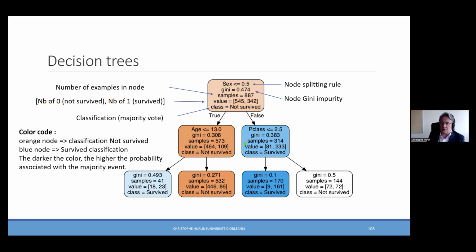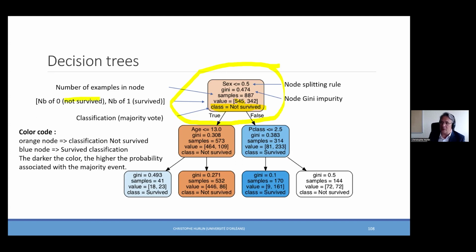This is exactly the same for each node, whether it is a decision node or a final leaf. We also have information about the majority class vote. If I stop at this stage of the tree, this is not possible, but let us imagine that I stop at this stage, then the majority class is 0.